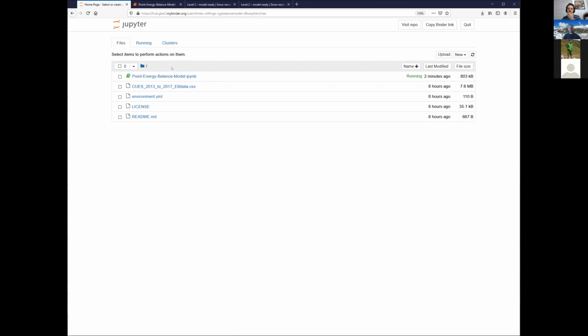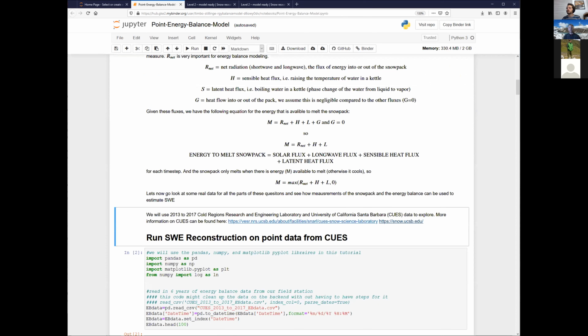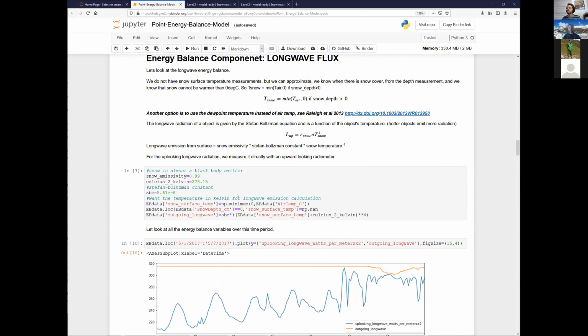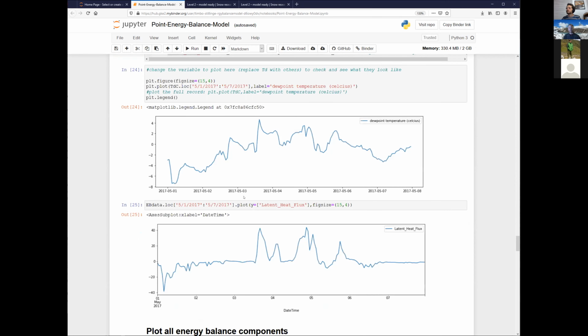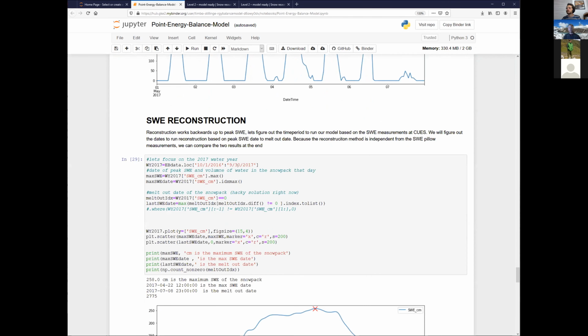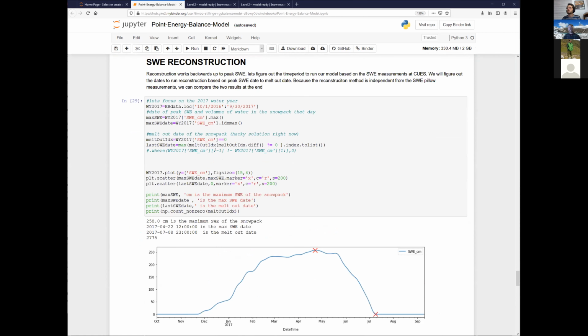And in the lab, you only looked at a few days of data mainly, right? Yeah, in the lab we just went through doing this on a few different dates, but all the data is in the lab. So you can change the dates in the lab to look at different years and look at the summer when there's no snow.